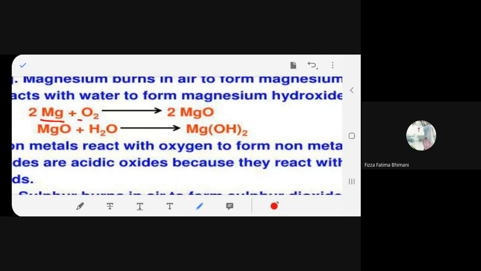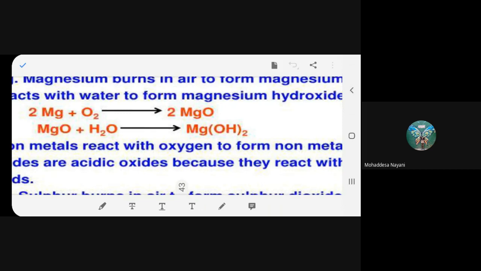Magnesium plus oxygen, what do we get? Magnesium oxide. Then this magnesium oxide reacts with water, and we get magnesium hydroxide. Is it clear? Now how to balance it?